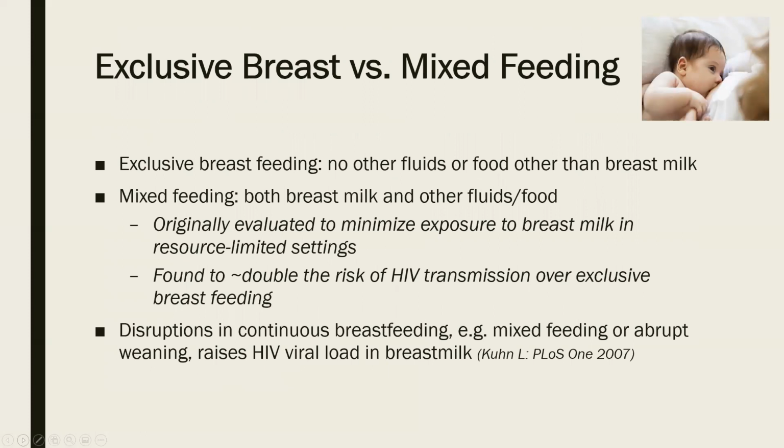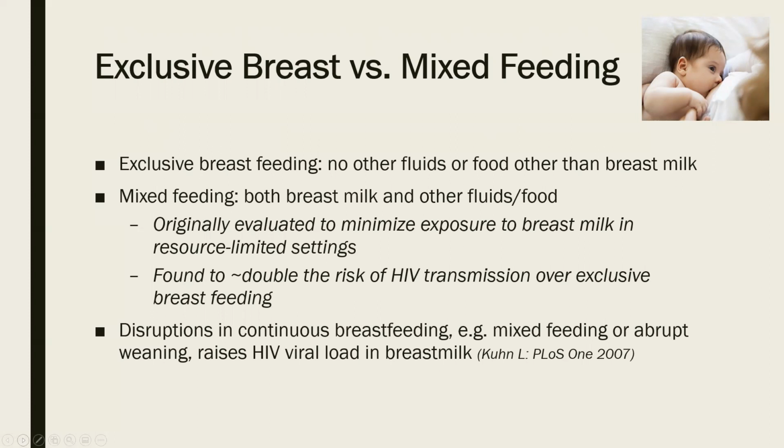In addition, we like to talk about exclusive breastfeeding versus mixed feeding for women who are contemplating breastfeeding. Exclusive breastfeeding, of course, is when you give no other foods or fluids other than breast milk. Mixed feeding is when you give both breast milk and other fluids or food. And we have noted in several studies that mixed feeding actually doubles the risk of HIV transmission over exclusive breastfeeding.